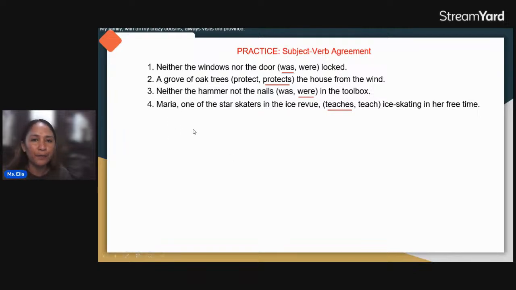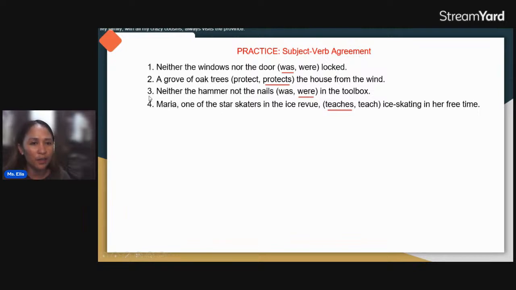So here, between the subject and the verb, a phrase was in between. The phrase was in between Maria, the subject, and the verb. That means let's ignore it and not take it into consideration.